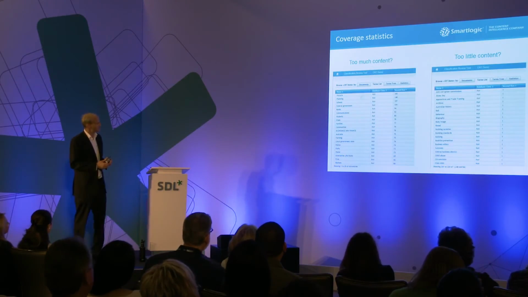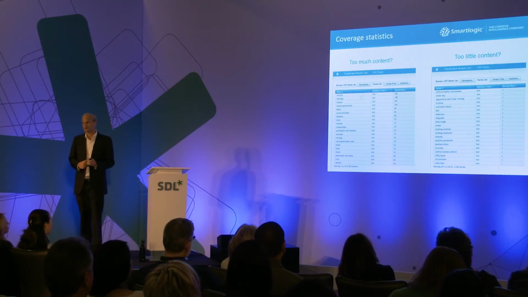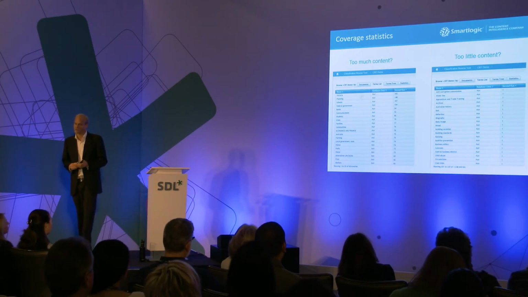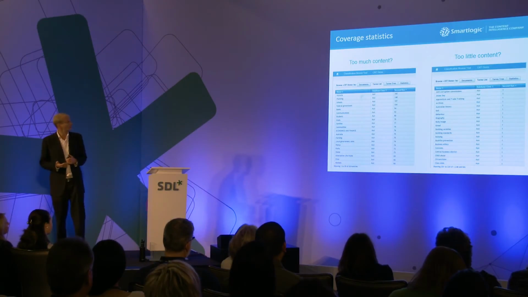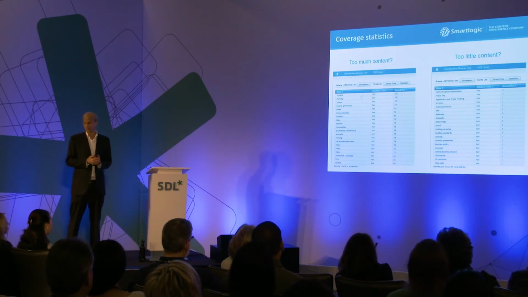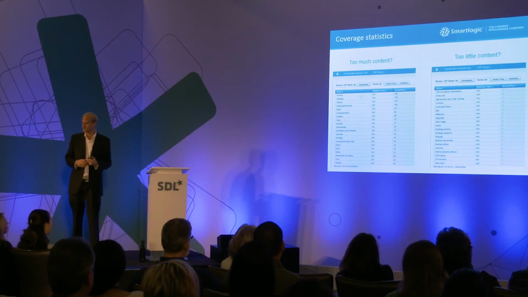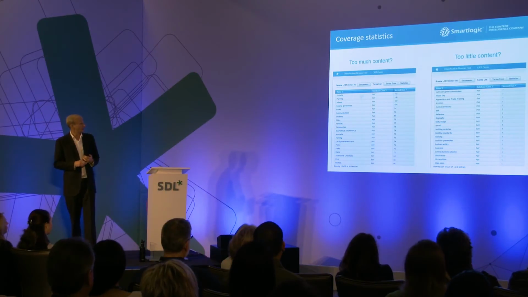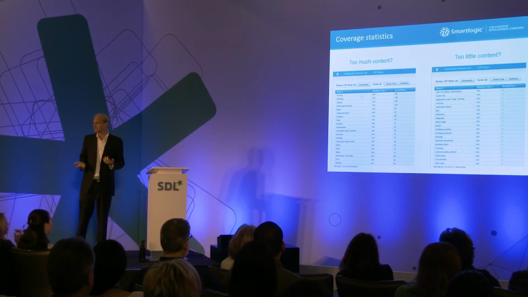Yes, okay. So the other thing, if you can automate the classification of your content, is it can give you really great analytics about the actual content that you have. Right, so on the left-hand side, we're taking a look at topics that have an awful lot of content. So the top topic here has 342 different documents. Now that might tell us that we've got a lot of redundant content.